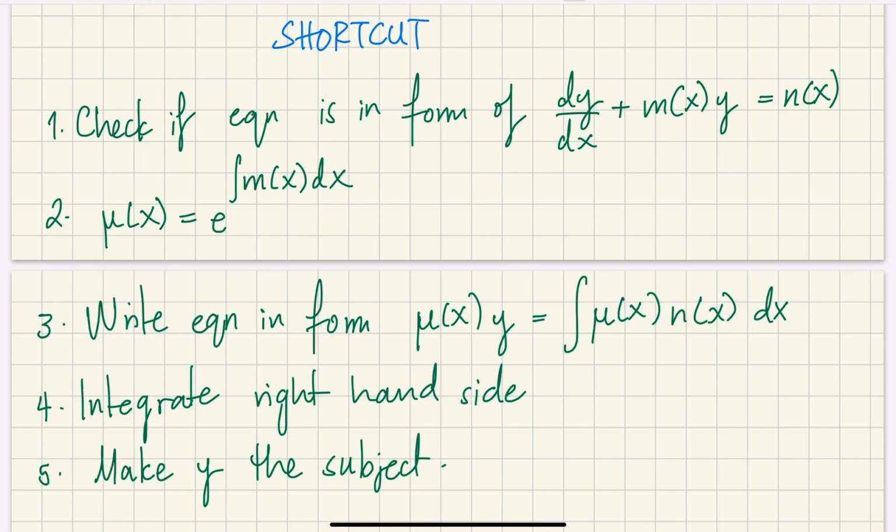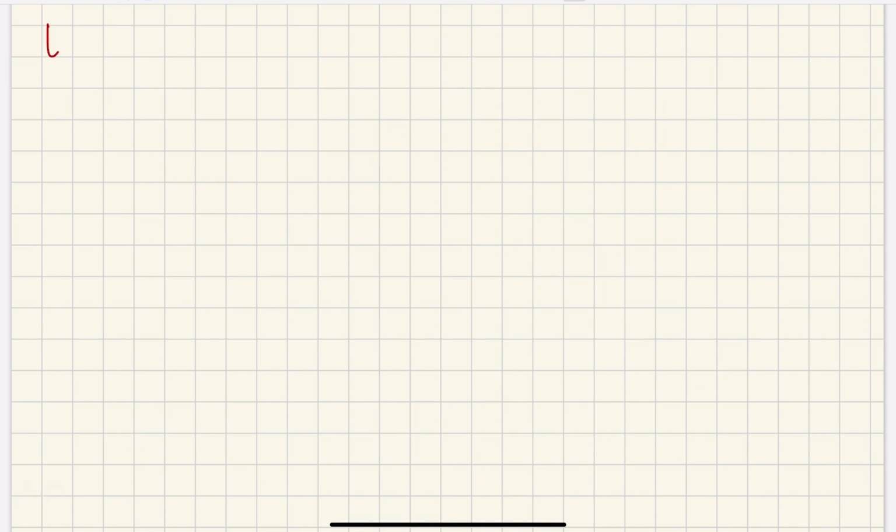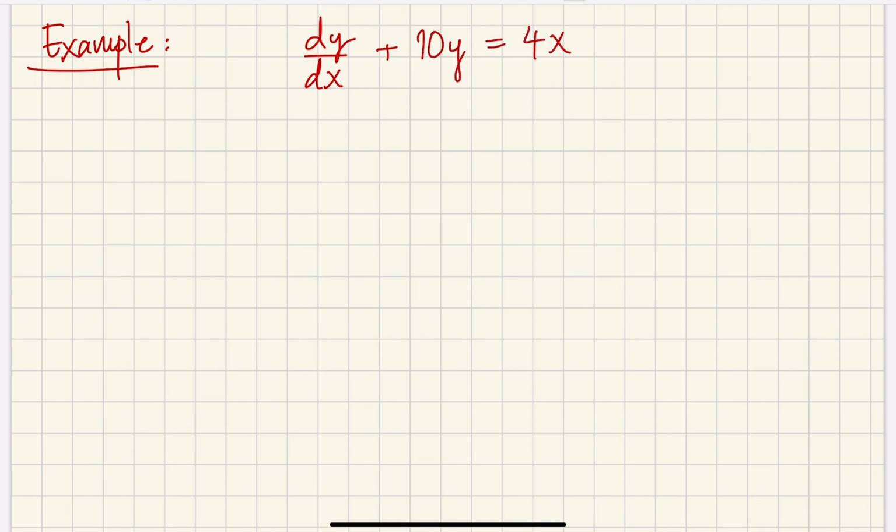Now to finish off this video, we'll see another quick example. So say we have dy over dx plus 10y is equal to 4x. Then we said our integrating factor is e to the power integral of m of x dx. M of x over here is 10. So the integral of 10 dx gives e to the power 10x.